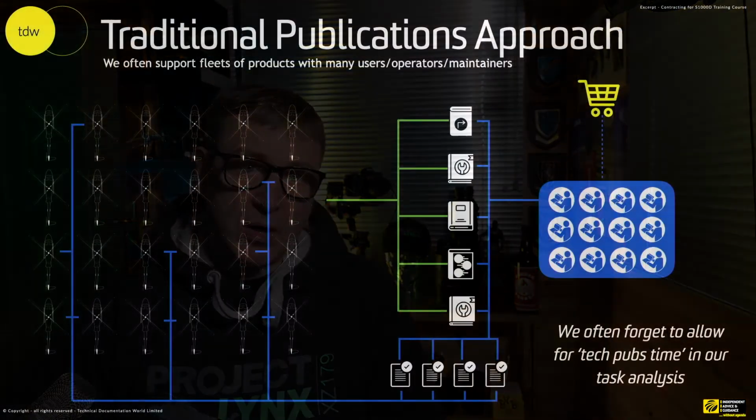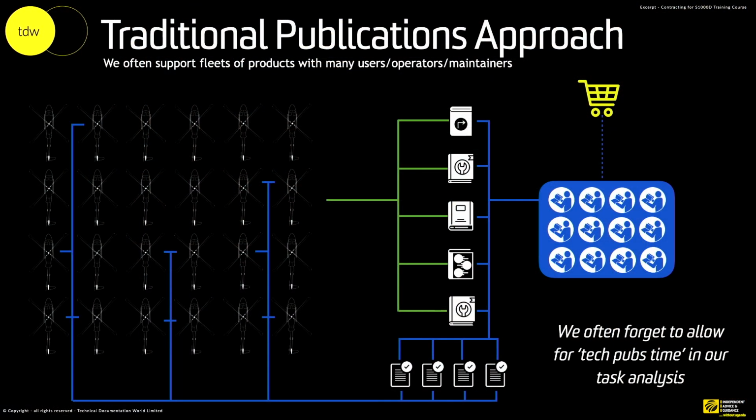They have to go and read all of the necessary publications and instructions, make sure they've got all of the tools and all of the necessary spares, make sure that the platform is available and ready for them to work on, and make sure that nobody else is working on certain areas of the platform that may interfere with each other's maintenance tasks. All of those things were very manumatic.